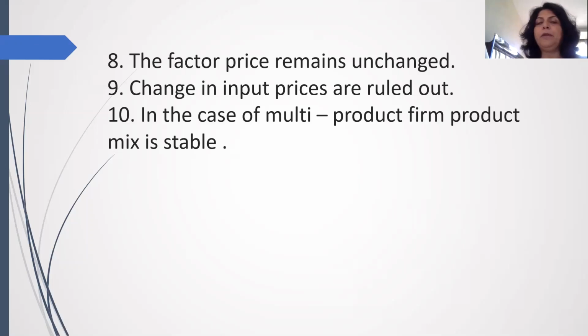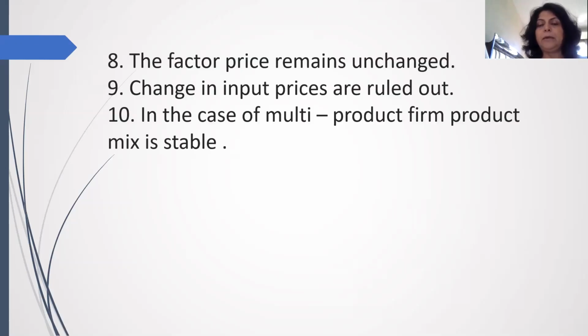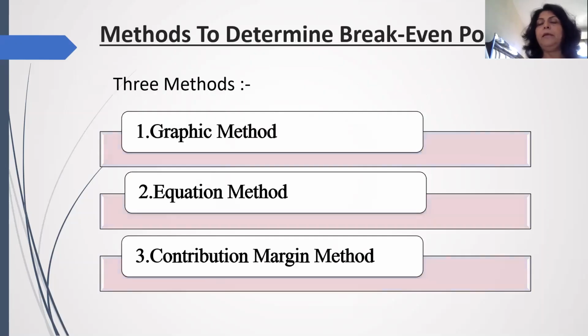If there are 3 items or 3 products that the firm produces, A, B, and C, and in the ratio of 33, 33, and 33, the same ratio is maintained during the production function. Now, these are the assumptions mainly that give you the limitation, what are the limits of this analysis.